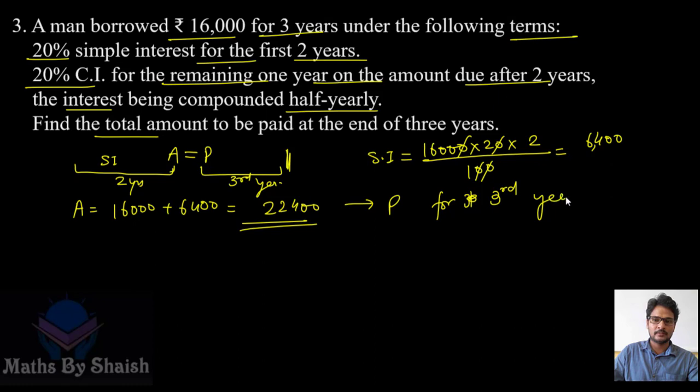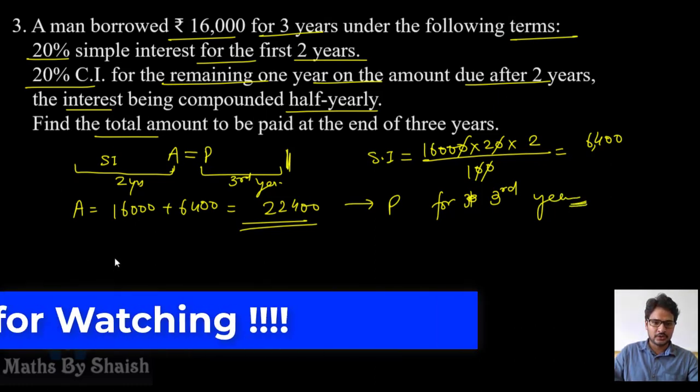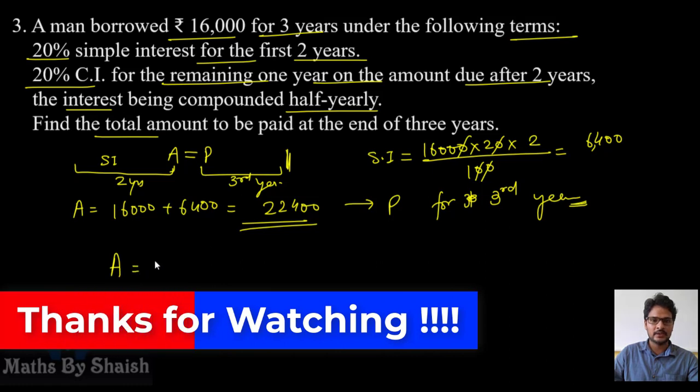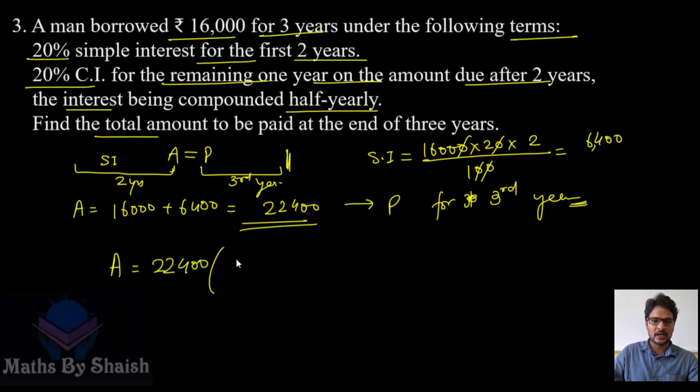It is going to be the principal for the 3rd year where we are going to apply CI. So the amount after the 3rd year would be P, that is 22,400 times 1 plus R is 20, but it is compounded half yearly, so 20 upon 200, to the power 2n, 2 times 1.